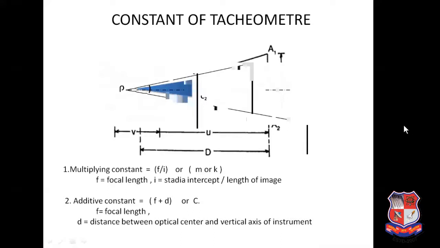The second constant of the tachyometer is the additive constant. The mathematical formula is f plus d, where f means focal length and d means the distance between the optical center and the vertical axis of the instrument. You can see in the figure the various terminologies f, i, d, etc. It is denoted by the capital C.